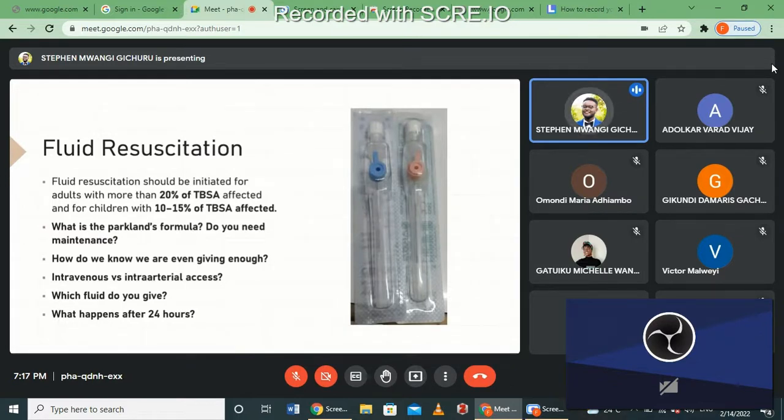it depends. If you're able to put a line, one of these two. The blue one, I'm sure you guys have seen this, you'll be in the ward.